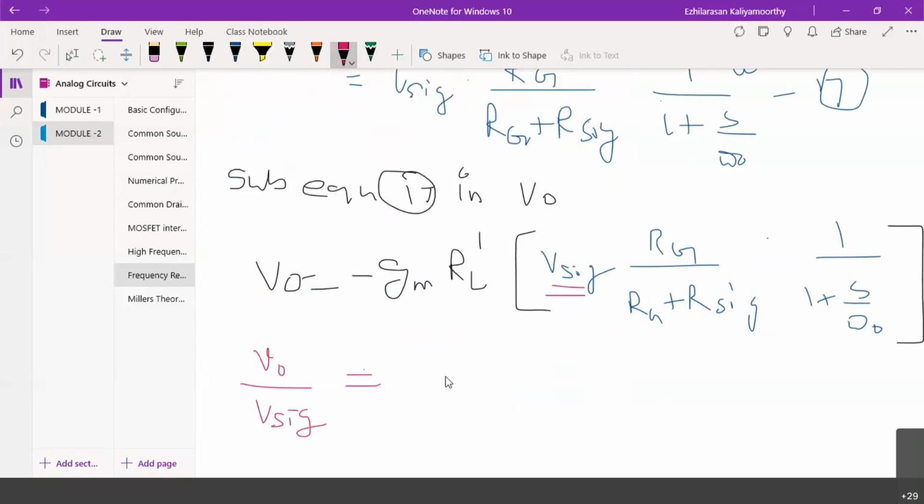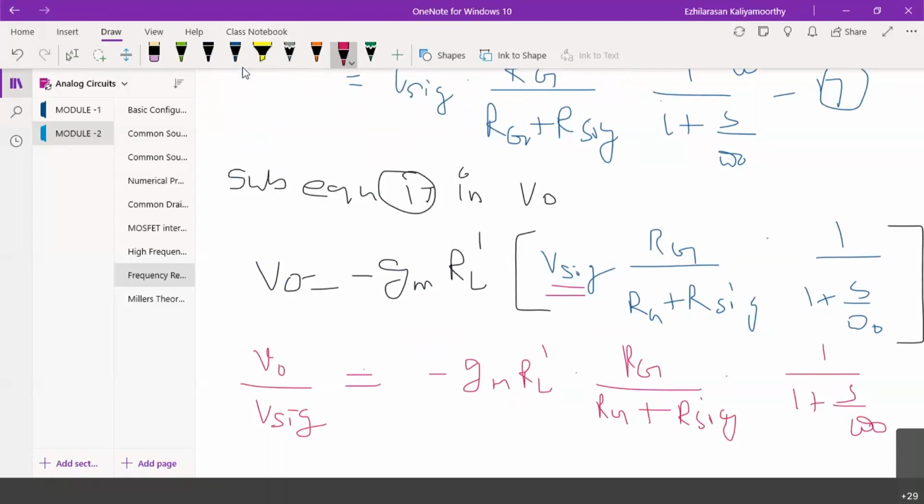So we'll get minus GM RL dash into RG divided by RG plus R sig, then 1 divided by 1 plus S divided by omega naught.